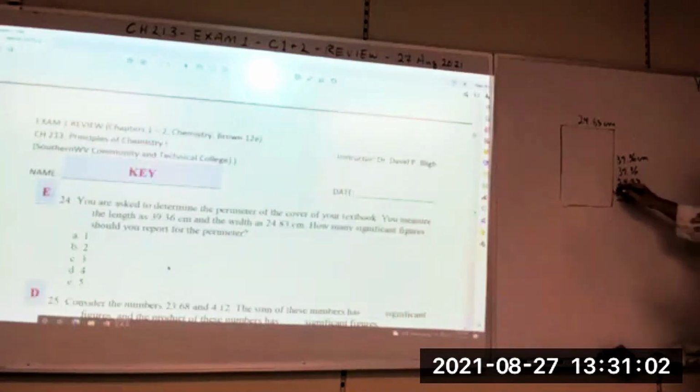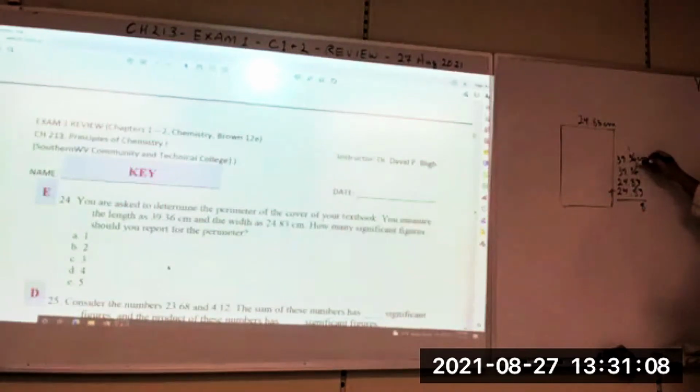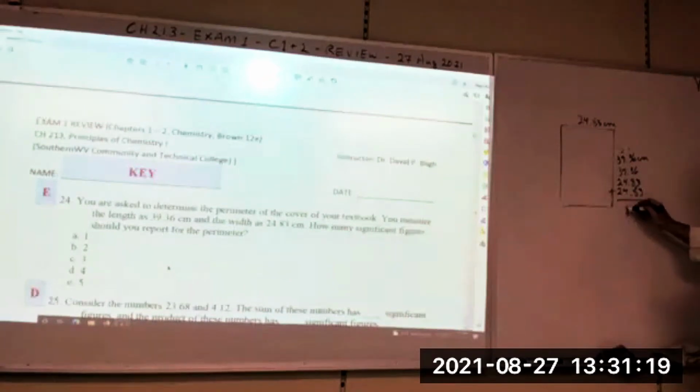That's good. Add them all together, and you get 12, 6, 18. And then 7 and 16 is 23. And then you have 2, so you have 18 and 8 is 26, 27, 28. 2, 4, 6, and 6 is 12. So your answer actually has 5 significant figures in it.